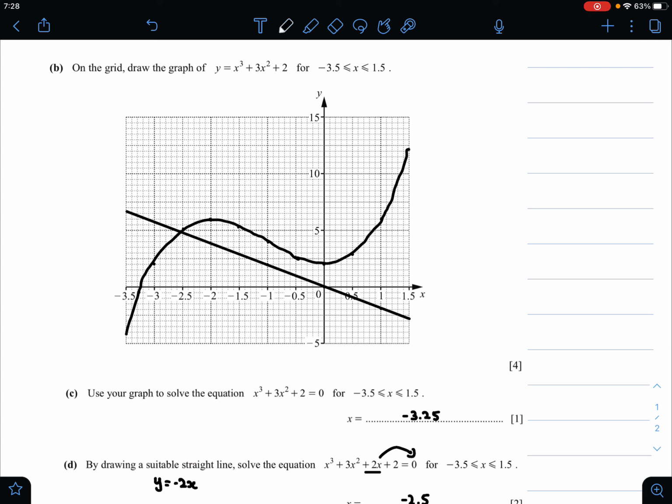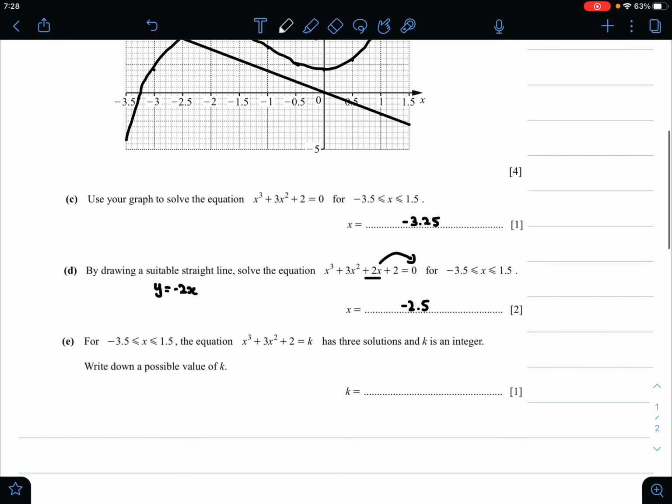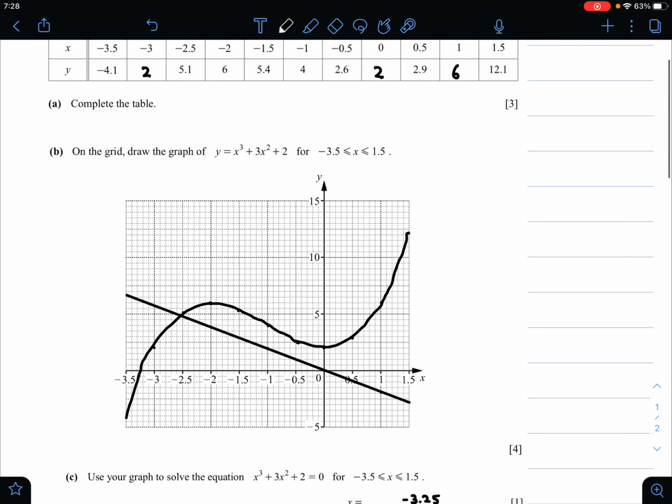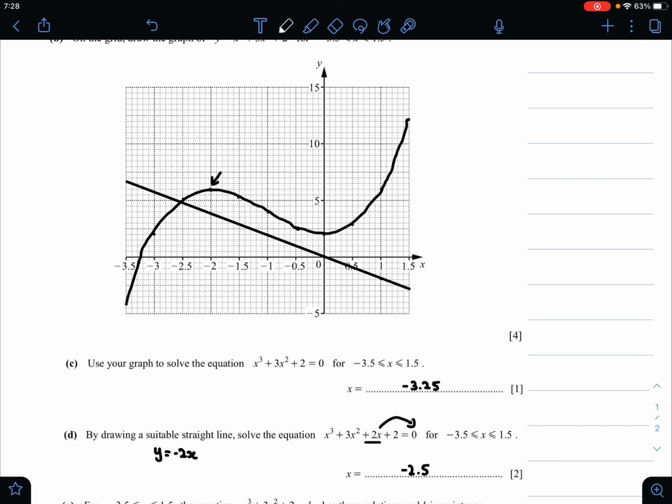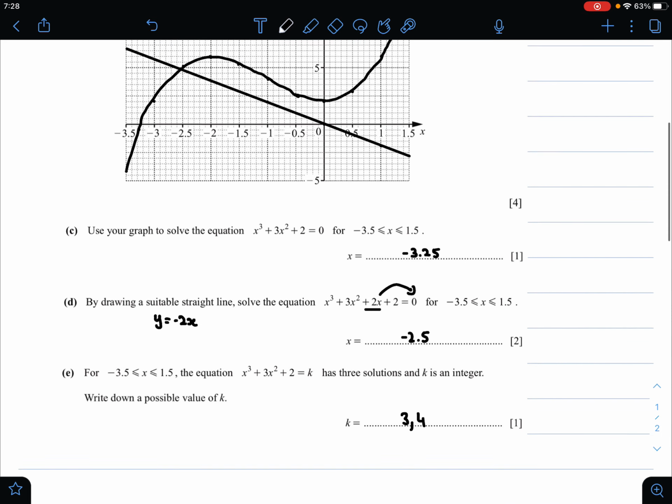So 2 would be the lowest, where you would get 2 points intersected. So above 2, that would include 3, 4. Now you want to see the maximum point, and 5 is included as well, because this curve over here, the top part, goes above 5. So 5 can also be included as your answer.